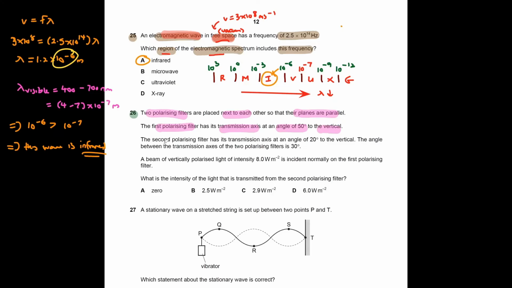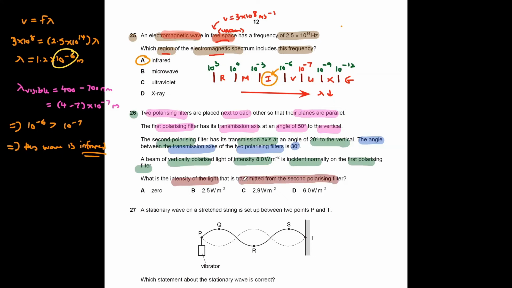The second polarizing filter has its transmission axis at an angle of 20 degrees to the vertical. From here, the angle between the transmission axis of the two polarizing filters is 30 degrees. A beam of vertically polarized light of intensity 8 watts per meter square is incident normally on the first polarizing filter. What is the intensity of light that's transmitted from the second polarizing filter?